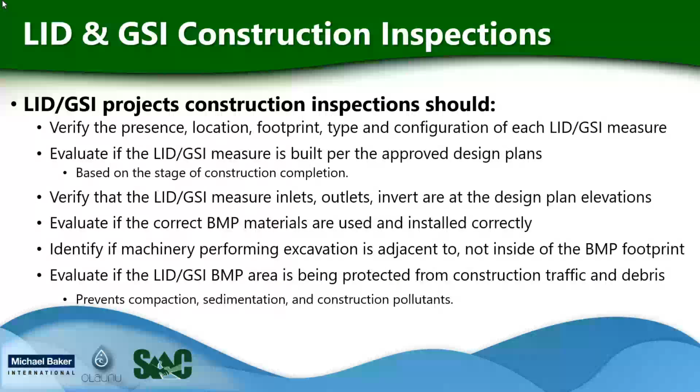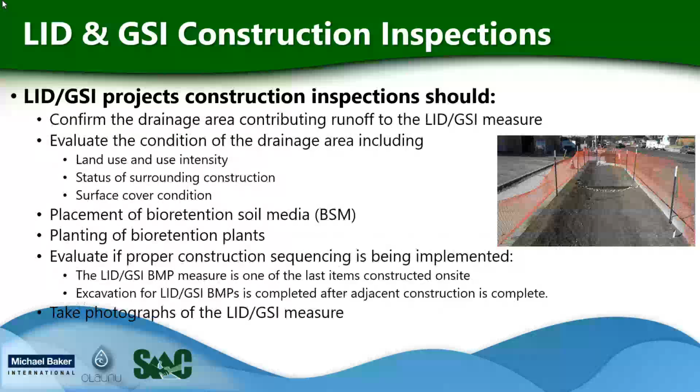Additionally, the LID GSI project construction inspection should confirm the drainage area contributing runoff to the LID GSI measure, evaluate the condition of the drainage area, including land use and intensity, status of the surrounding construction, and surface cover condition to identify the potential sources of pollutants getting into the GSI system.